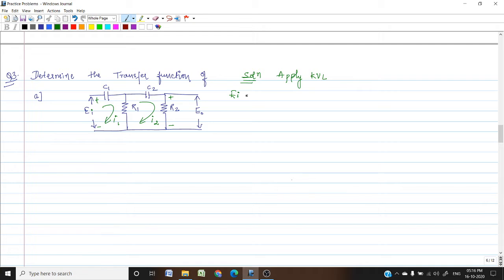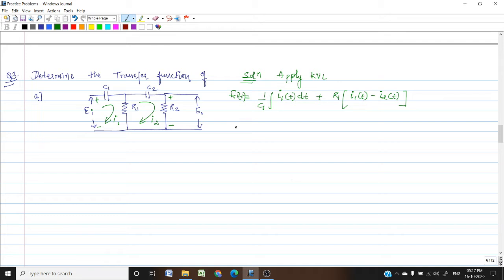We'll have Ei(t) is equal to 1 by C1 integration I1 of t into dt, plus R1 into (I1 of t minus I2 of t).